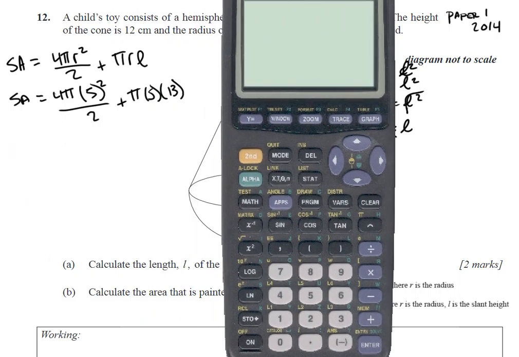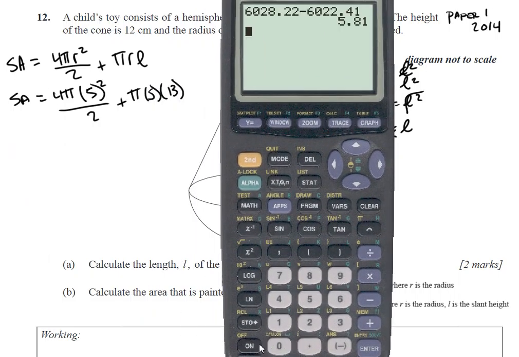Let's plug this in. 4 times pi, there it is, right here, second pi, times 5 squared. That gives us 314, but we have to divide that by 2.